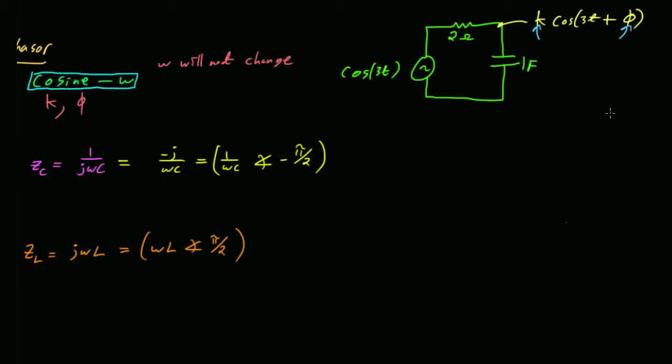The resistor is easy. That's just an impedance of 2 ohms. We said the capacitor, you could think of it as 1 over j times omega times C.